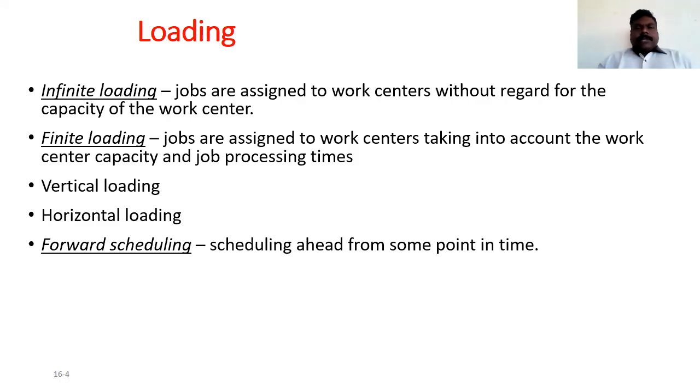And finite loading, where jobs are assigned to the work center taking into account the work center capacity and job processing times. So finite loading means the jobs will be sent according to capacities. Vertical and horizontal loading also happen. Vertical loading means in a sequence they go from left to right, and horizontal means they go along with their priorities.